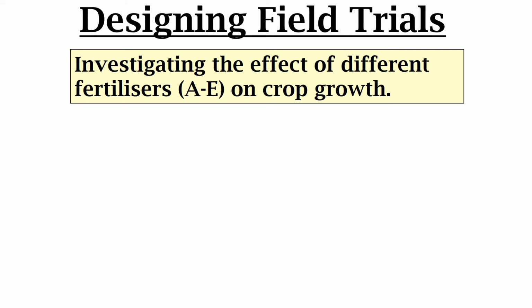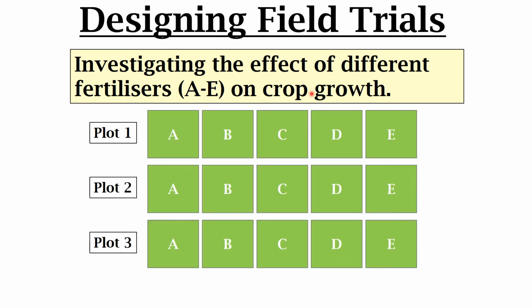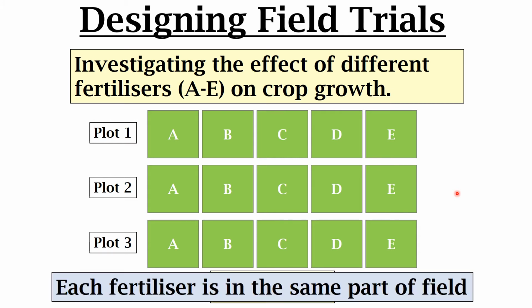The second one again, we're looking at fertilizers A to E. Which one increases crop growth the most? What about this one? Any issues with that? With this one, each fertilizer is in the same part of the field. There could be quite a distance between these two areas, and it could be that this area gets more sunlight.